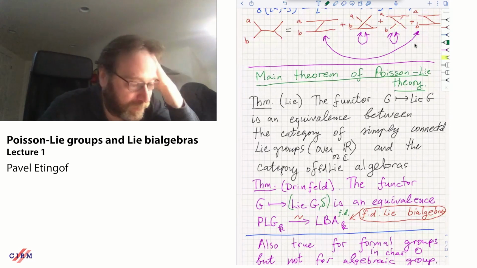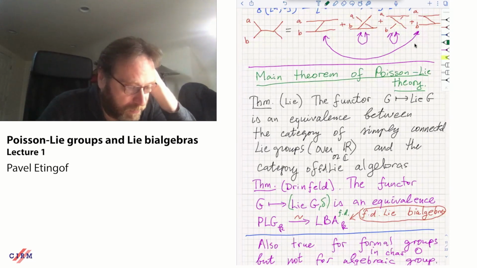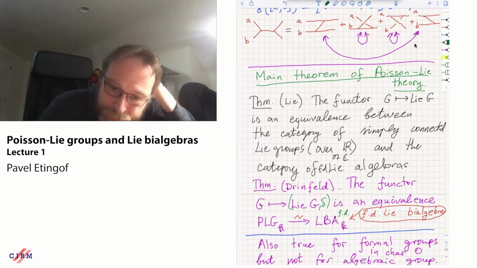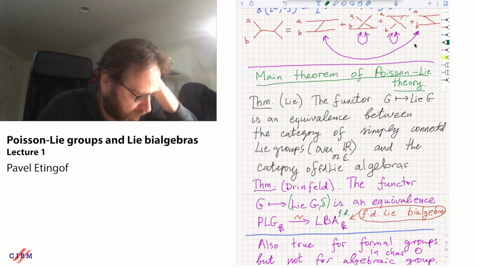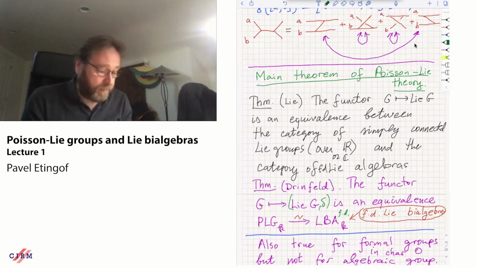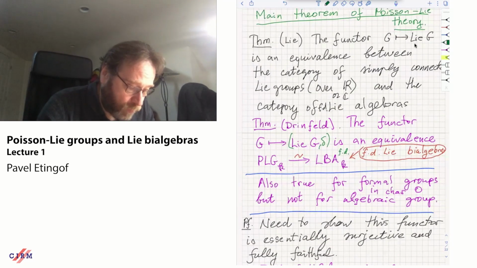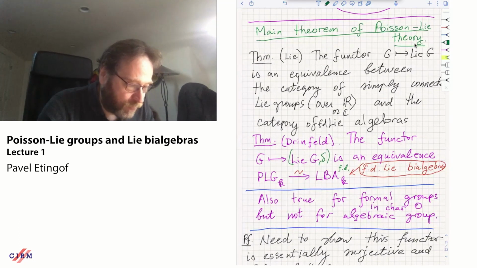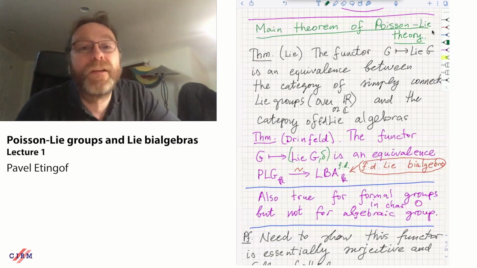Already, Lie's theorem is not true for algebraic groups because not all Lie algebras are Lie algebras of algebraic groups. And in fact, even if you have a Lie algebra of an algebraic group, then not any delta gives rise to an algebraic Poisson structure. So for the remainder of the lecture, I will explain the proof of this theorem.